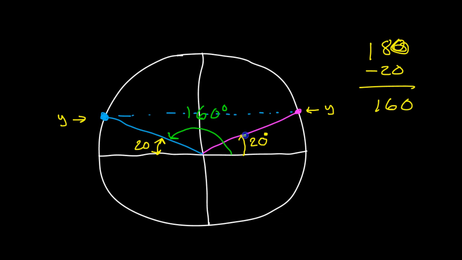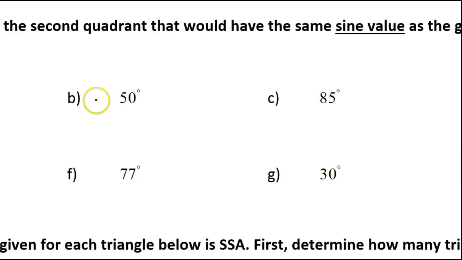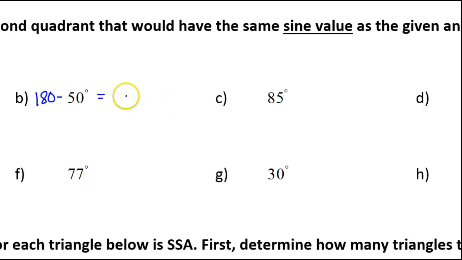So I can get an angle in the second quadrant that has the same sine by subtracting from 180. And that's how we got 160. Once you have that understanding, the rest of these become trivial because we're just doing 180 minus 50. So that's 130 degrees.